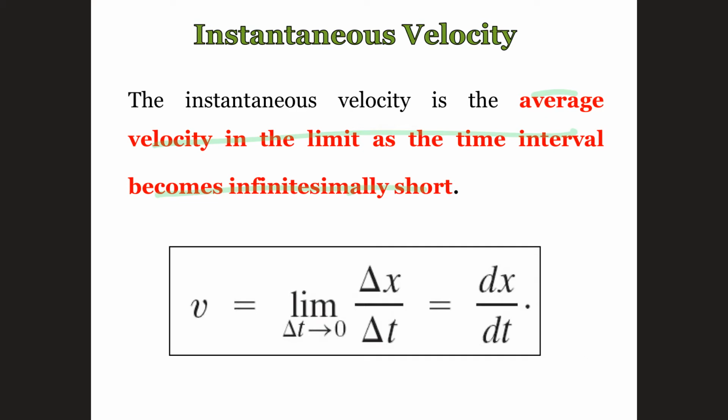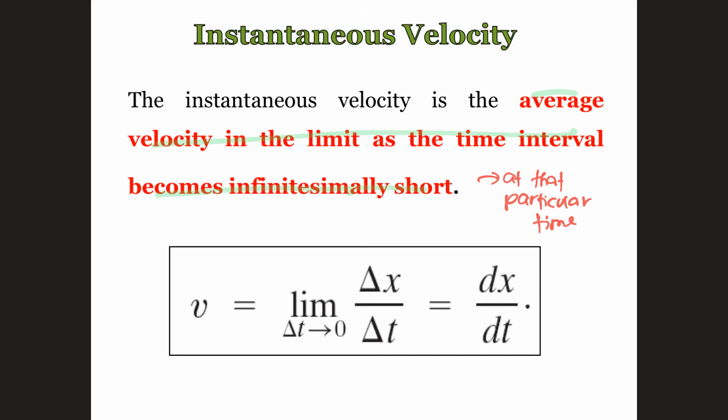So for example, if you need to find the velocity at a position of 2 meters, what is the velocity at that particular 2 meters? Maybe it's going to be 20 meters per second. That's what we call the instantaneous velocity.